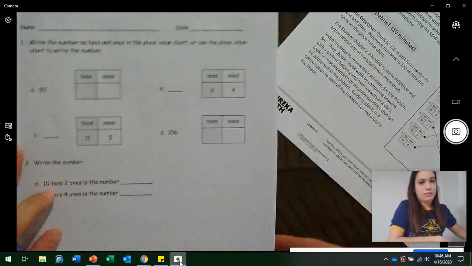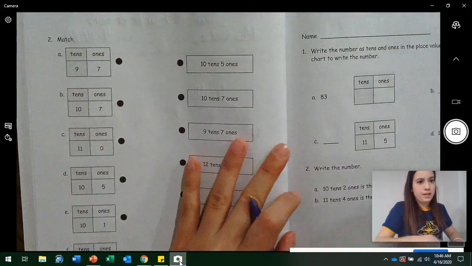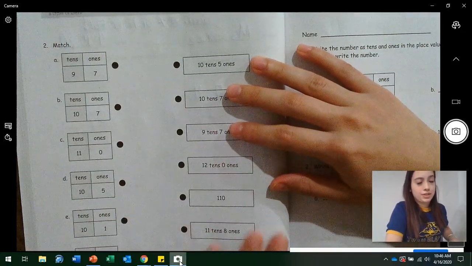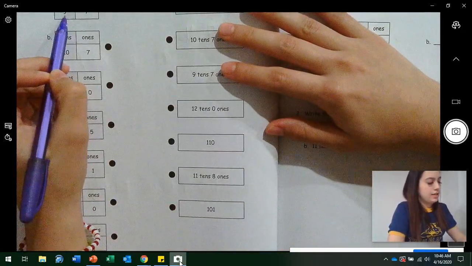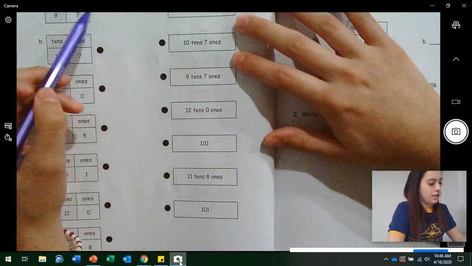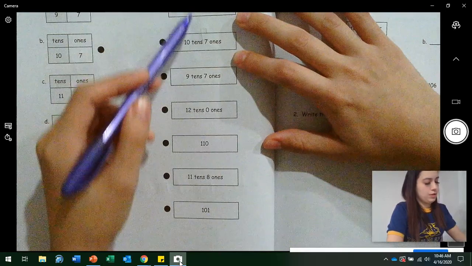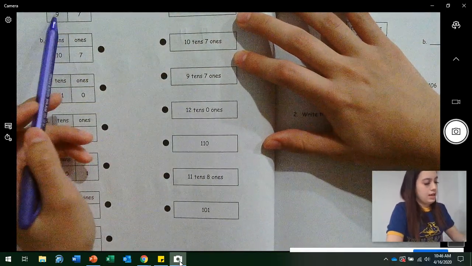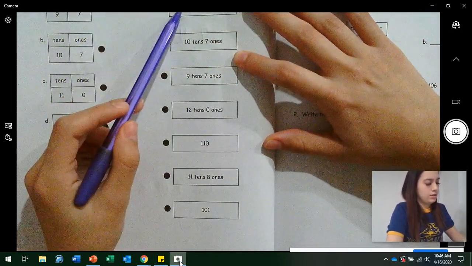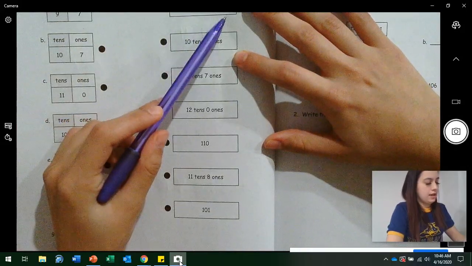Let's go ahead and flip to the back so I can give you an example. Here, you're gonna match, boys and girls. So 9 tens, 7 ones. This is the number in the place value chart, and you have to match it to one that matches the same way. 9 tens, 7 ones. Well, let's look. 10 tens, 5 ones.